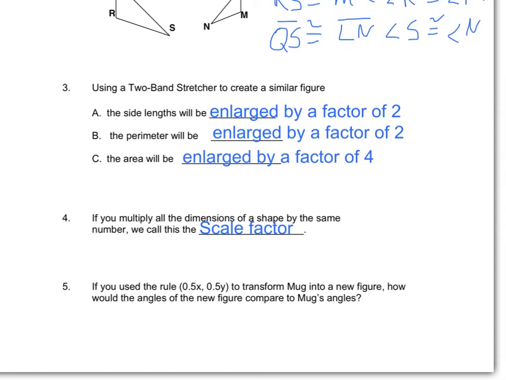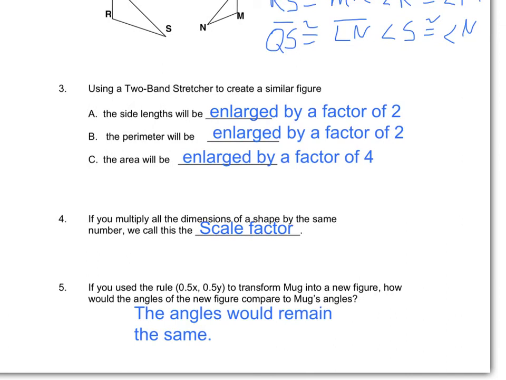Number 4, if you multiply all the dimensions of a shape by the same number, we call this the scale factor. Okay, for number 5, if you use the rule 0.5x, 0.5y to transform Mug into a new figure, how would the angles of the new figure compare to Mug's angles? And the answer is that the angles would remain the same.